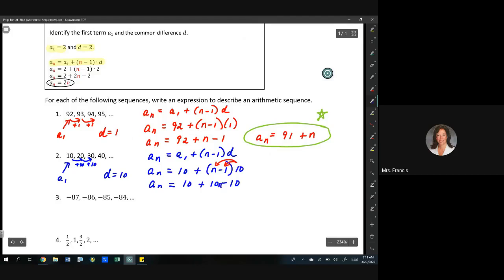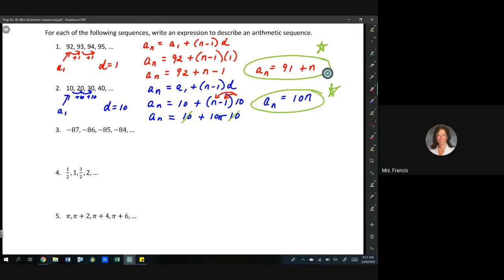So our final answer here is a sub n equals 10n, because you can see that 10 minus 10 cancels those out. So this is our next answer.